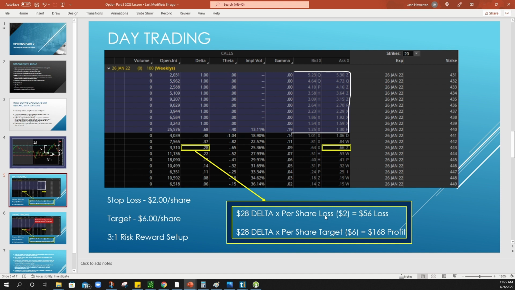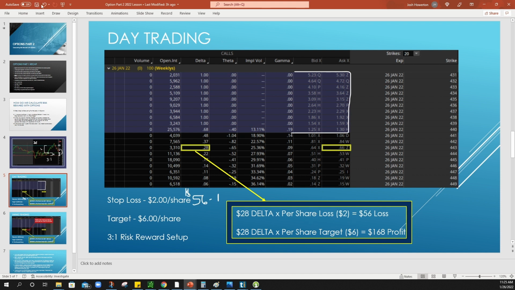What's our per share loss? It is $2. So 28 times 2 is 56. That means your stop loss is going to be $56 per contract. For every one contract, right? That's one contract, $56.